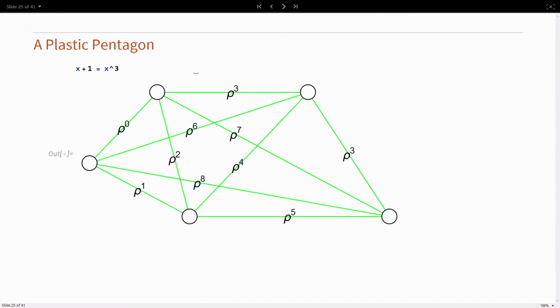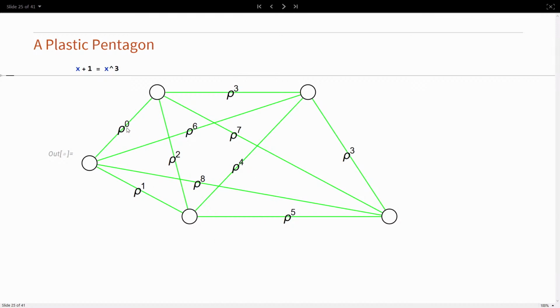Here's a curious object. You have 4 or 5 points, and all of them are at a distance which is a power of the plastic constant. The plastic constant is one of the strange roots like the golden ratio, and the plastic constant and the super golden ratio both have a lot of strange properties.